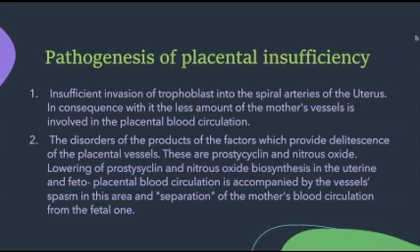These are prostacyclin and nitrous oxide. Lowered prostacyclin and nitrous oxide synthesis in the uterine and fetal placental blood circulation is accompanied by vessel spasm in this area and separation of the mother's blood circulation from the fetal one.